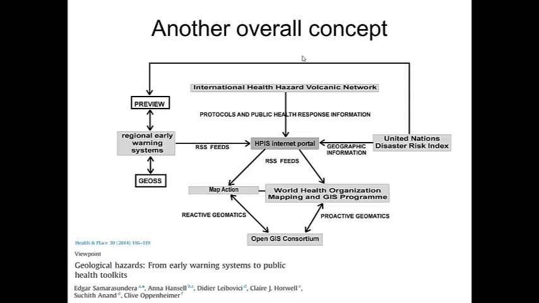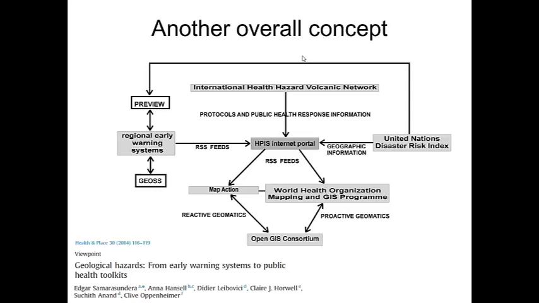But this is for a health portal, which is meant to automatically notify people when there's an earthquake as to whether there are likely to be health issues surrounding it. We saw the early warning systems for earthquakes from, for example, the USGS, providing these RSS feeds. So this is where an earthquake has just happened.